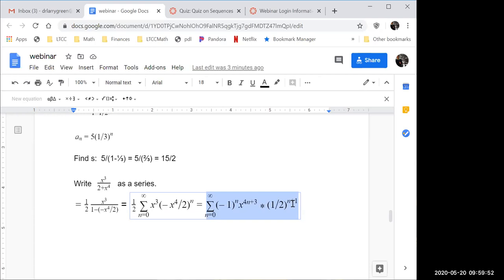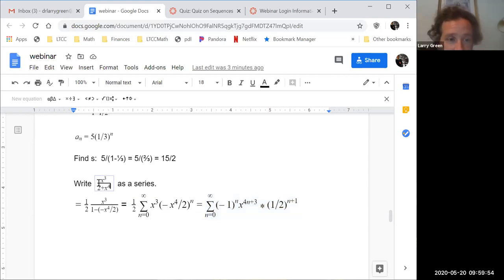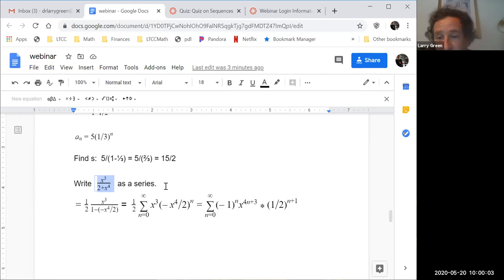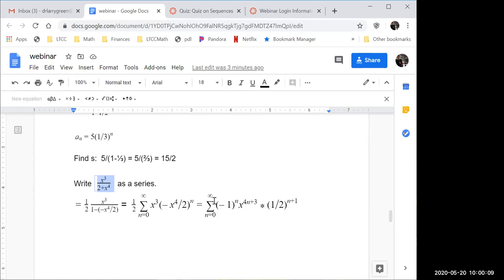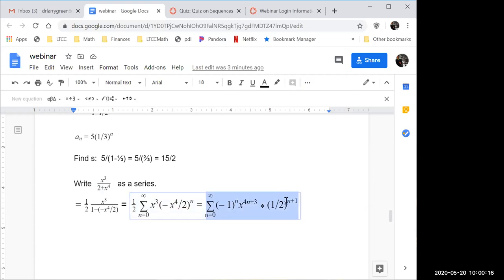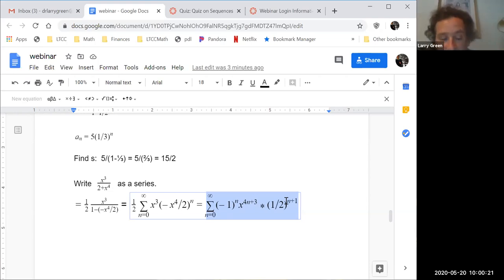Whereas if I asked you to find the 10th derivative of this sucker, x cubed over 2 plus x to the 4th, you'd frown a lot, wouldn't you? Do you want to use the quotient rule 10 times? Does that sound fun? Not at all. But if I said, what is the 10th derivative of this guy, it's actually not that big a deal because you're just taking the derivative of a polynomial 10 times. That's simple. Any questions on the kind of reason why we're doing all this?